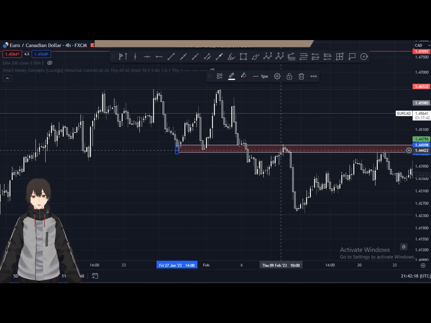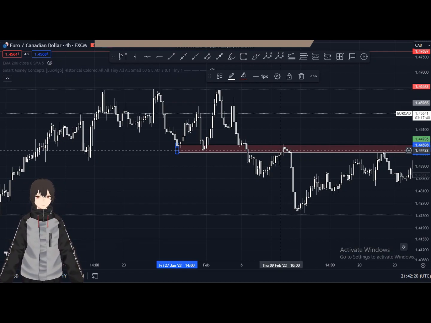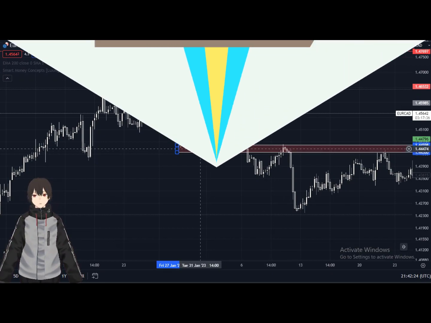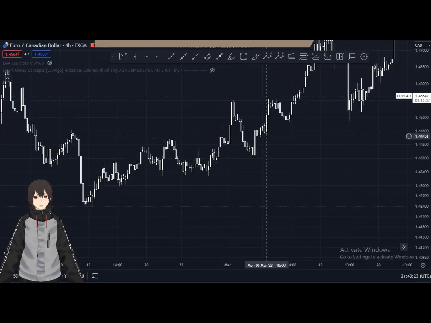Okay, so we have another lesson. The third lesson is about trends. In that place we have an uptrend, so we must show all the lows in that trend, like that. These lows are our trend.